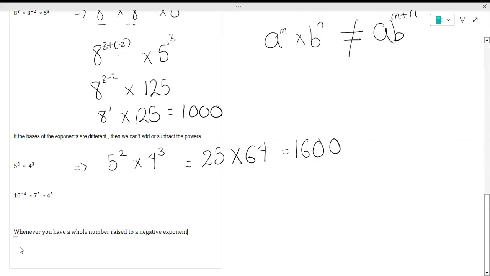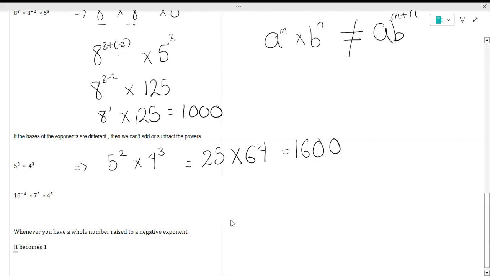Whenever you have a whole number raised to a negative exponent, to turn it back to a positive exponent, it becomes 1 over the number raised to the positive exponent.